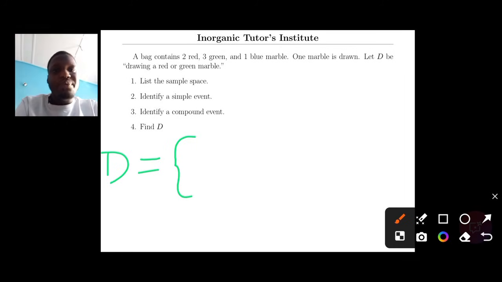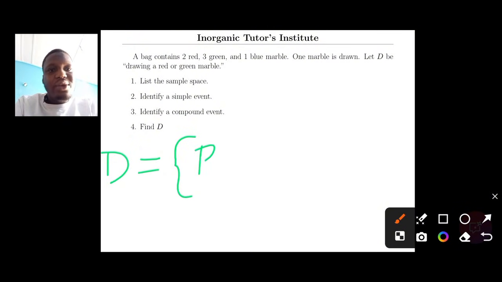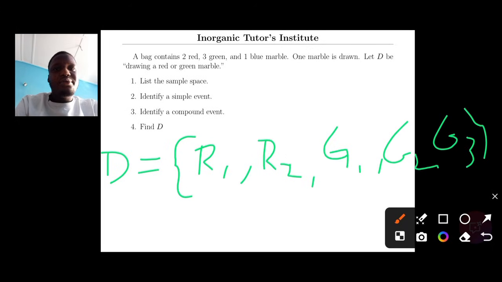So the event is drawing a red or green marble: either the first red marble or the second one, or the first green, the second green, or the third green. So this is D. They all satisfy the event.